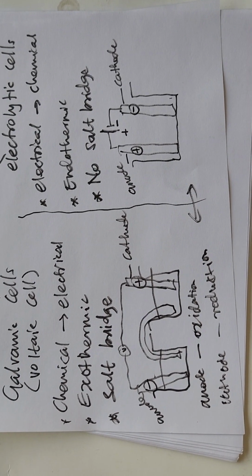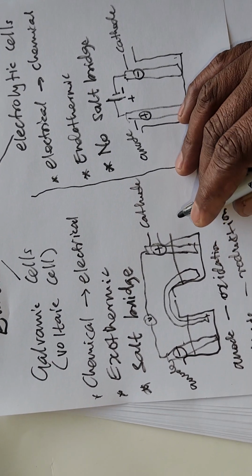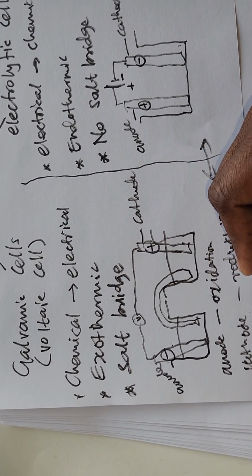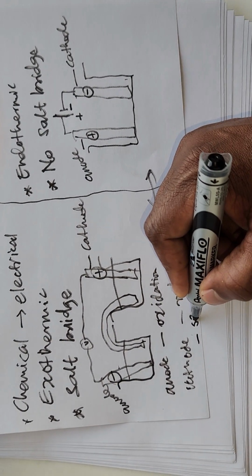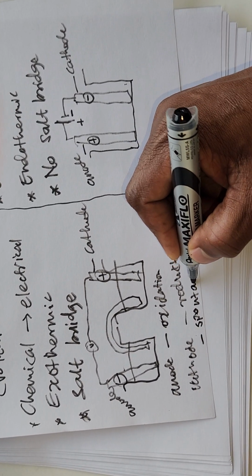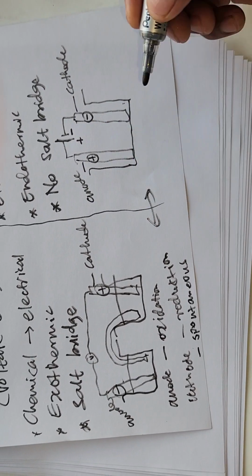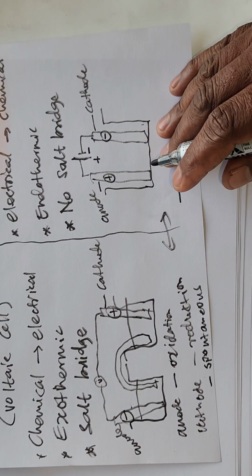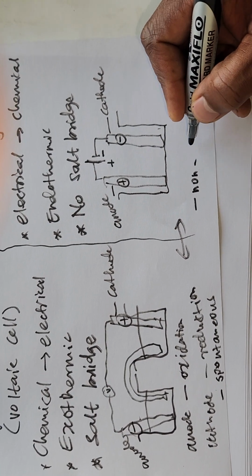The last difference before we move over is that the galvanic cell is spontaneous. The reaction there can take place without adding any energy. Spontaneous, it can take place on its own, whereas in an electrolytic cell, the reaction is non-spontaneous.